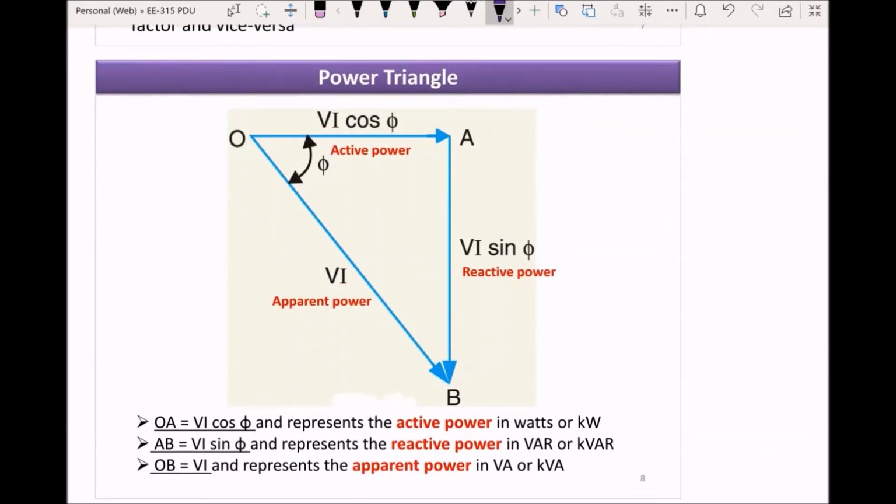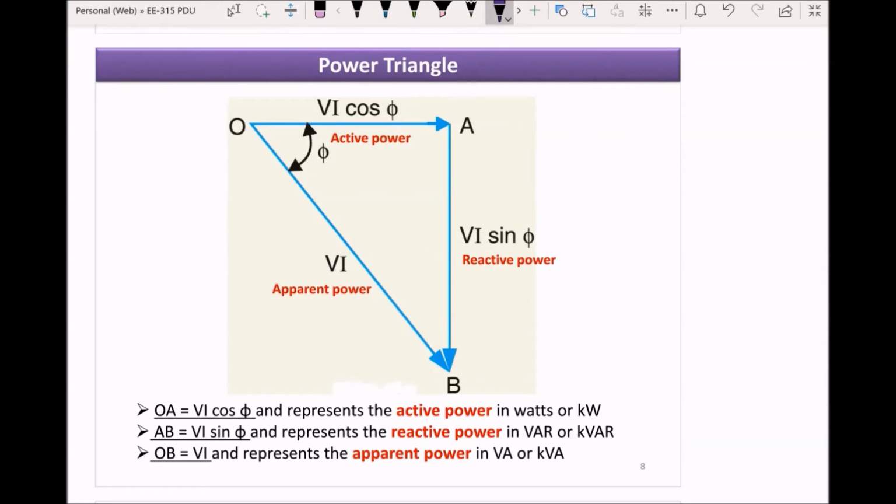Here we are revisiting an old concept, where we previously learned how to calculate the active and reactive powers. We learned that in the previous lecture as well.